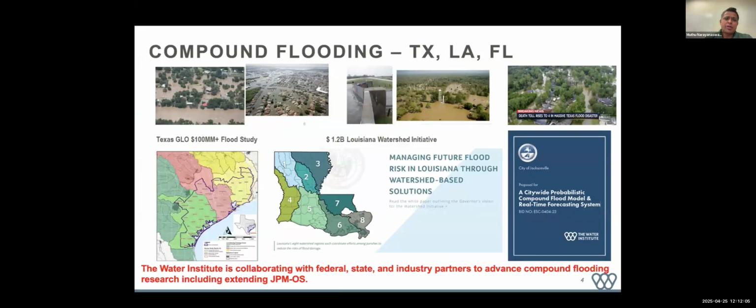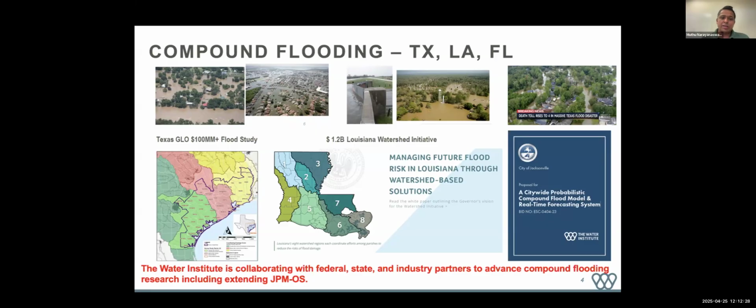In terms of the work we're doing now, holistically, we're doing compound flood modeling work in Texas as part of the General Land Office's river basin flood studies. Additionally, we are engaged as part of the Louisiana Watershed Initiative in developing a coast-wide compound flood model. I'll dig a little bit deeper into that effort.